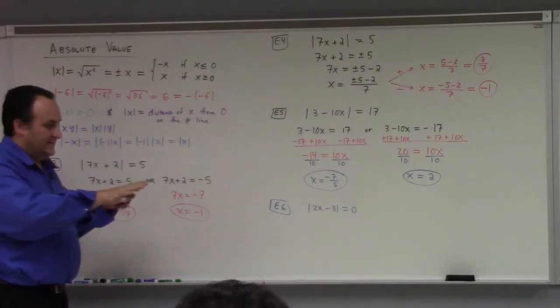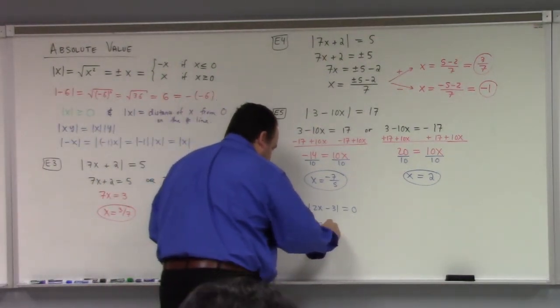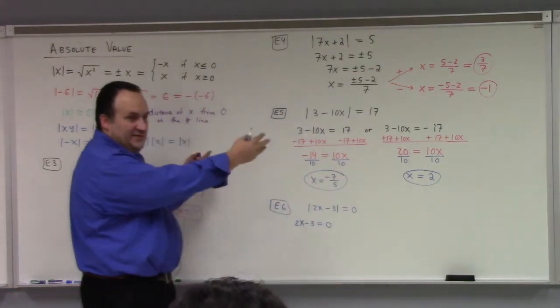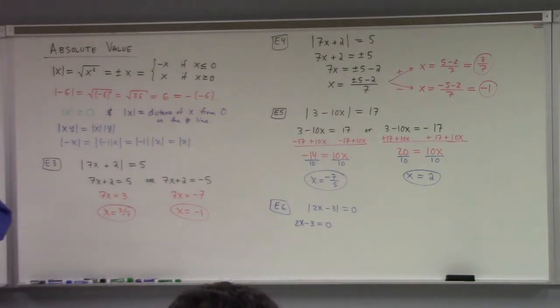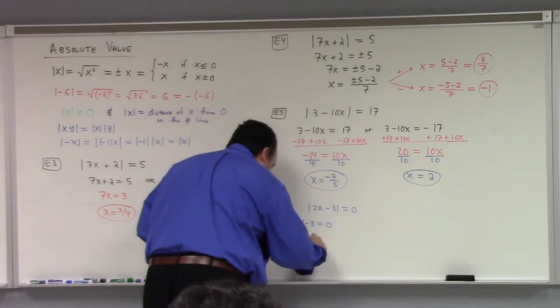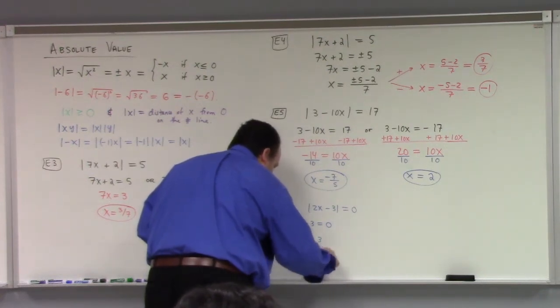You're solving 2x minus 3 equal to 0, or 2x minus 3 equal to minus 0. The 2 cases become one case, and so the solution is just 3/2. So there's just one solution there.